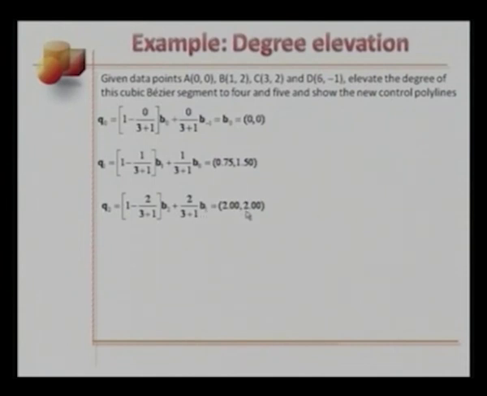The x and y coordinates are 2 and 2. For Q3, it's 1 minus 3 over 3 plus 1 times B3 plus 3 over 3 plus 1 times B2. Coordinates 3.75 and 1.25. Likewise, we can compute the final point, Q4. The coordinates are 6 and minus 1, which is the last point here.